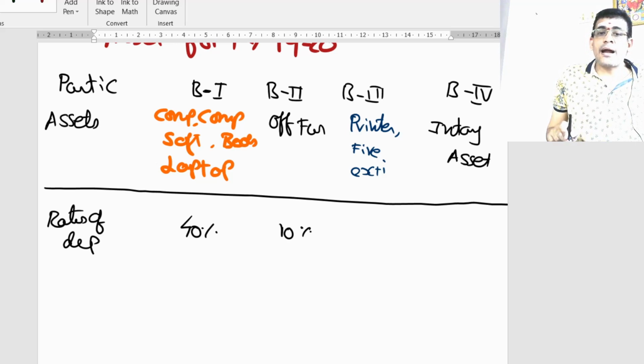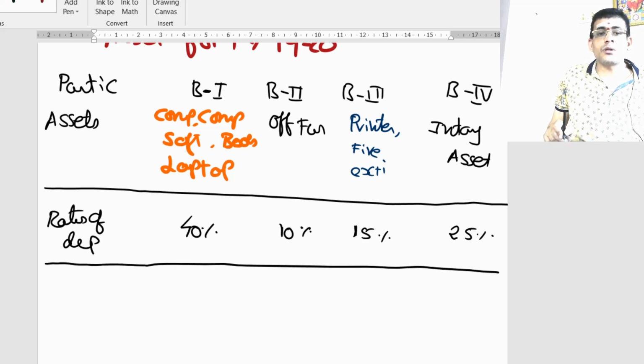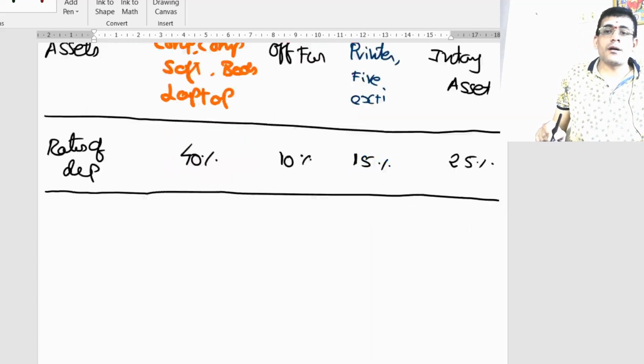For plant and machinery, generally the rate of depreciation is considered as 15%. For intangible assets such as goodwill, trademark, copyrights, whatever it is, the rate of depreciation should be considered as 25%.